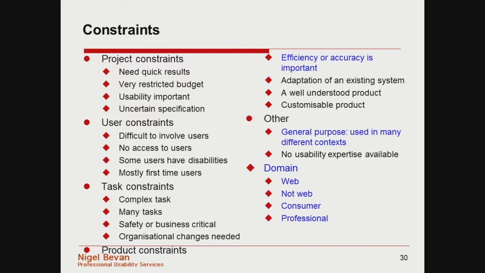But it is dealing with a wide range of the typical issues which would influence which method would be appropriate for you. Project constraints about the resources you've got in the project, constraints about users, what type of users you have and how much access you've got to users during development, constraints about the complexity and the type of task the user is going to be carrying out, whether efficiency and accuracy is important in this task, and how well the product's understood.